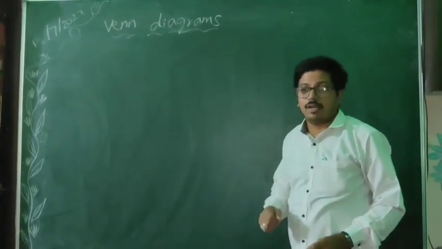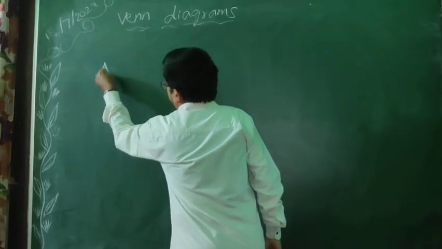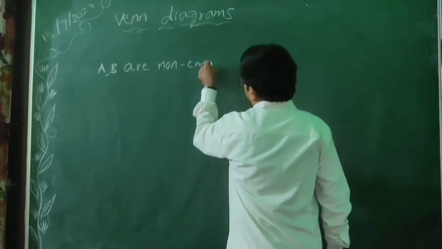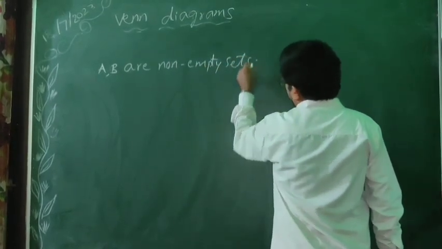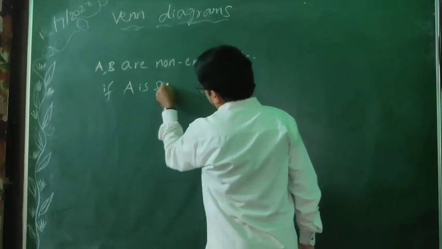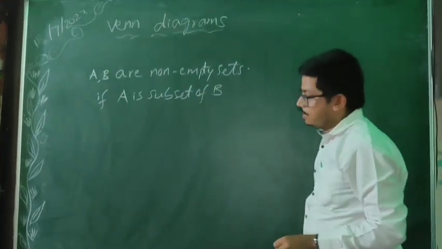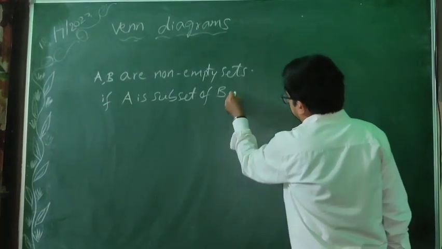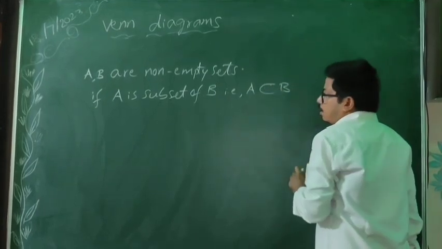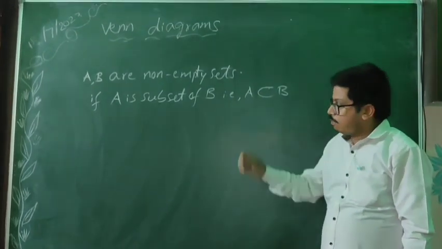Two sets are given like that. A, B are non-empty sets, and A is a subset of B. It is shown like this. We have some different applications of this concept.